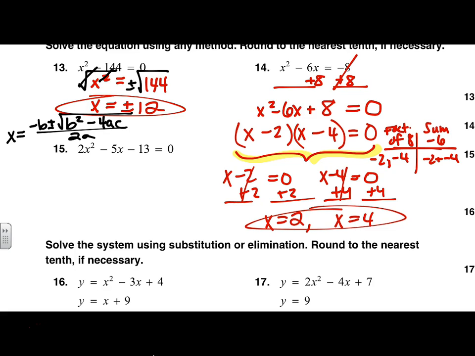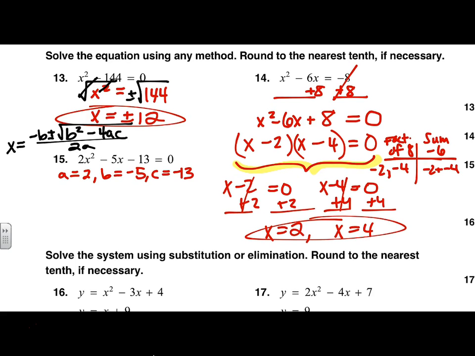We need to figure out who is a, 2; who is b, minus 5; and who is c, minus 13. So with a, b and c, we plug them in. Now here's a common mistake, we have to be really careful. X equals negative who? Negative negative 5.